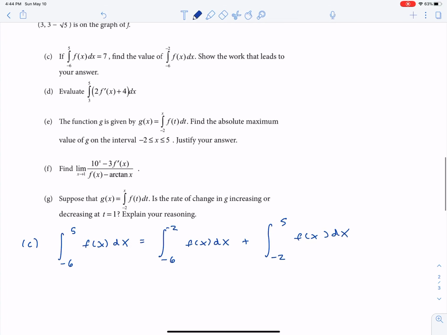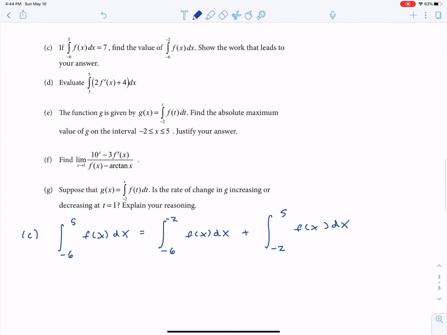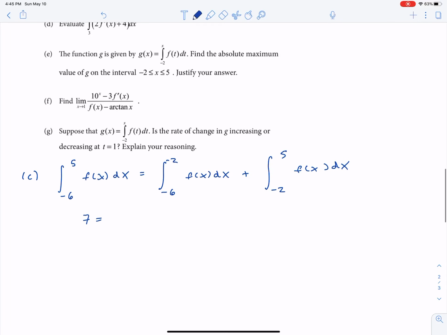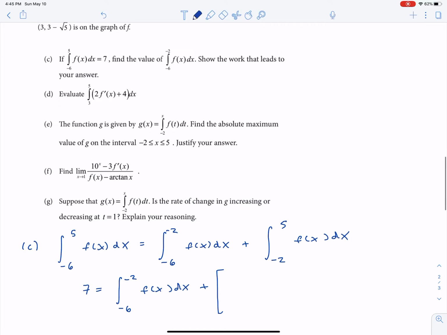So negative 6 to 5 is given, that's good, so that equals 7. We are actually supposed to find the first piece, so this second piece is going to stay as is. I'm going to have to figure out what the integral from negative 2 to 5 is.